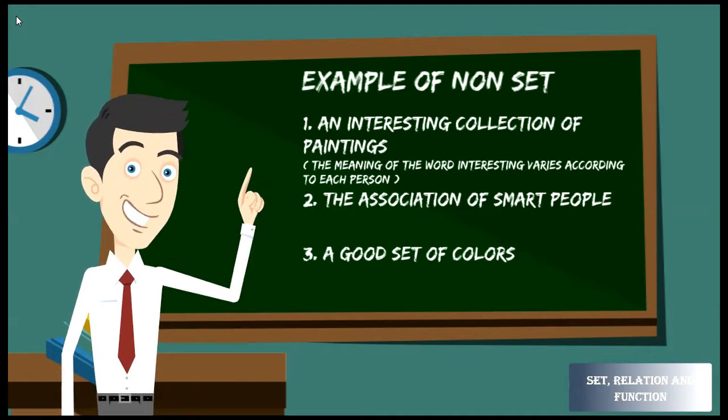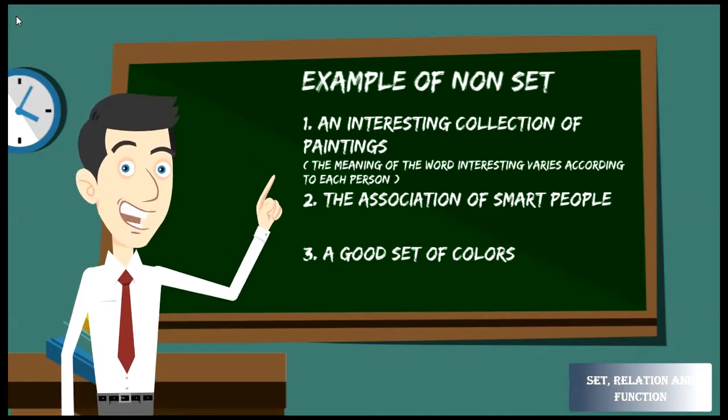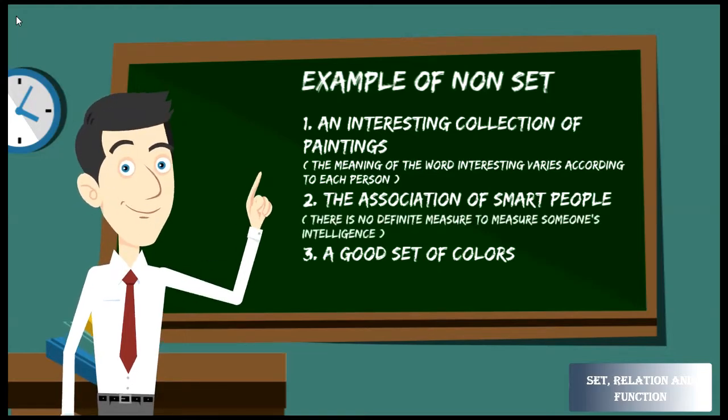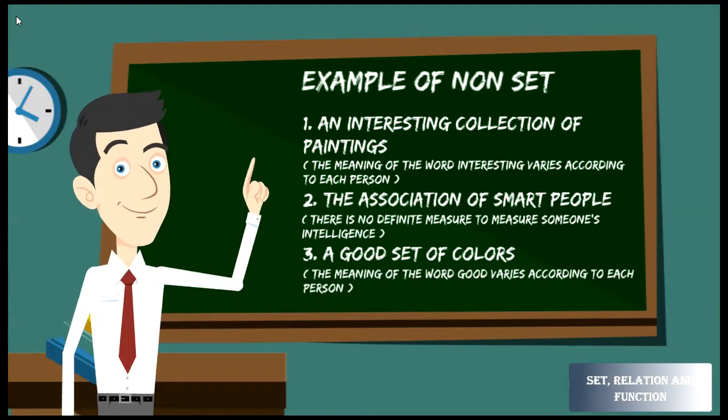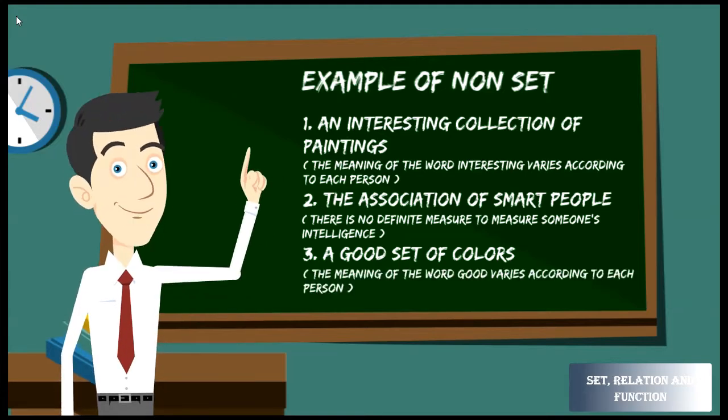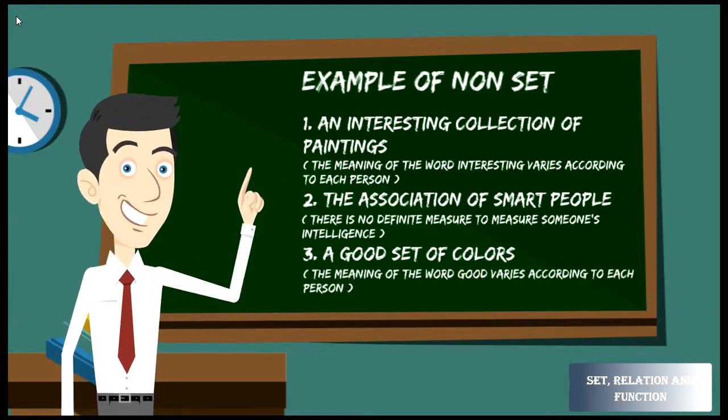The association of smart people is not a set because there is no definite measure of someone's intelligence. And a good set of colors is not a set because the meaning of the word good varies according to each person.